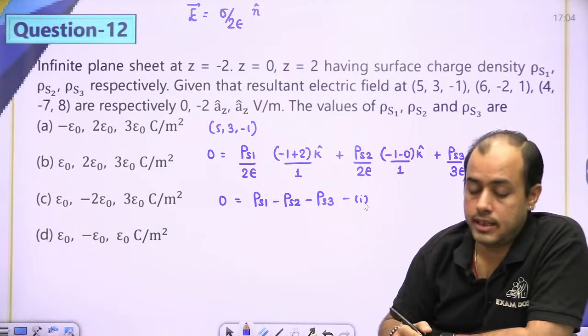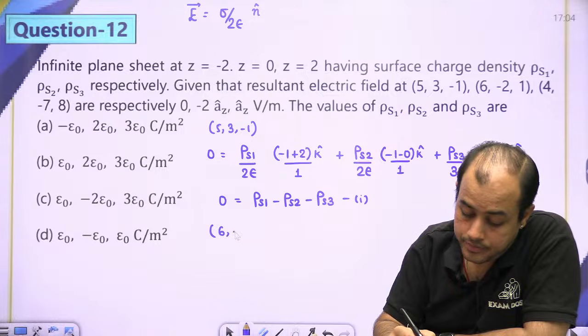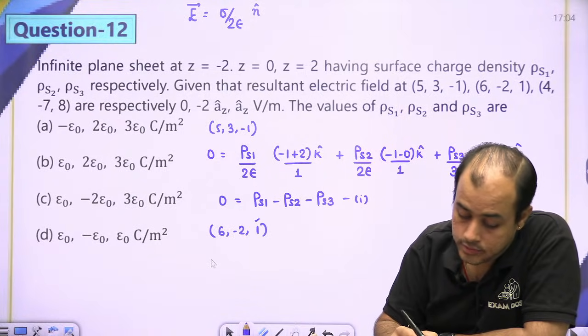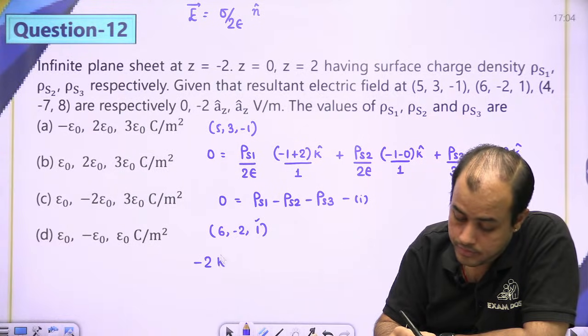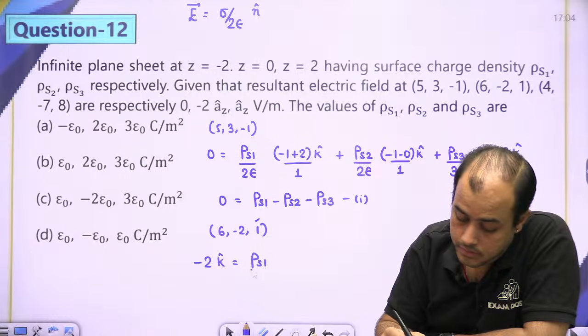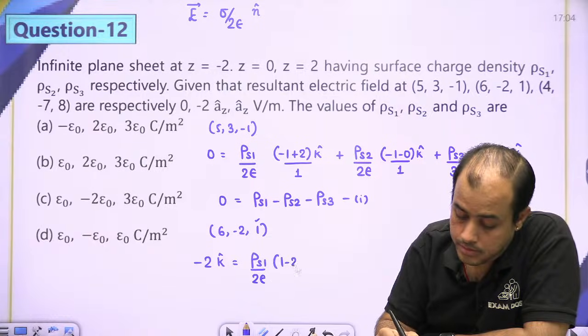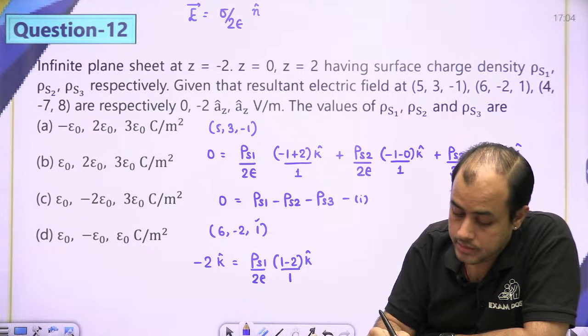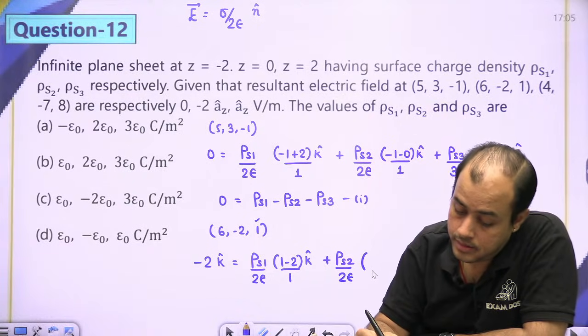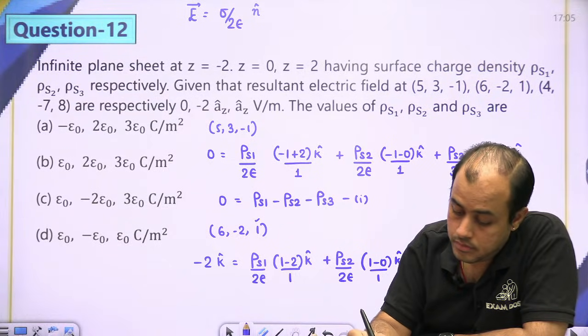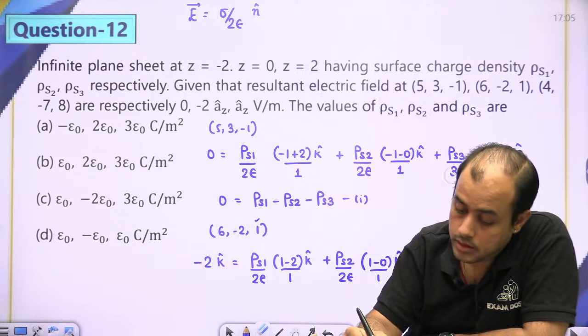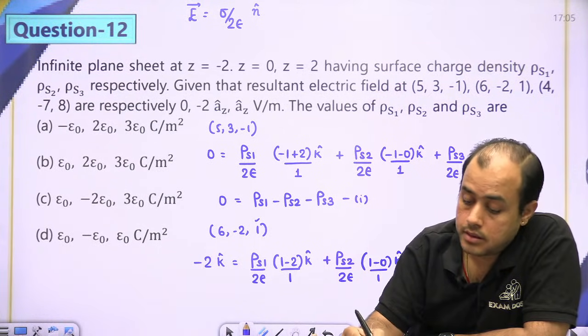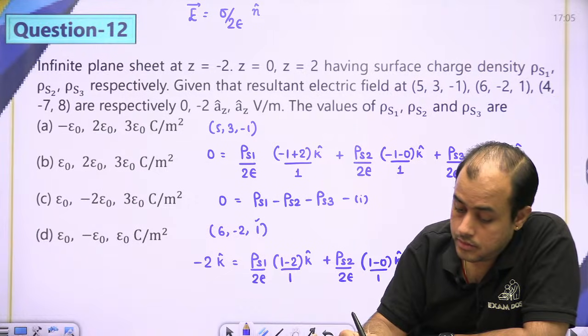First equation. Okay. Similarly for second, the z coordinate is 1. So it is -2 a z. 1 minus 2 k cap, magnitude is 1. Okay, that way you have to form the equation. 1 minus 0 k. 1 minus.